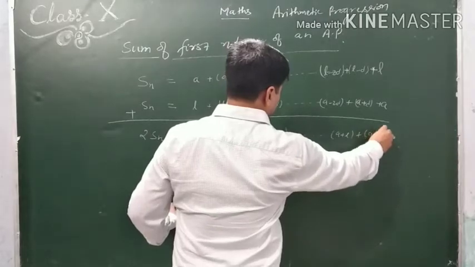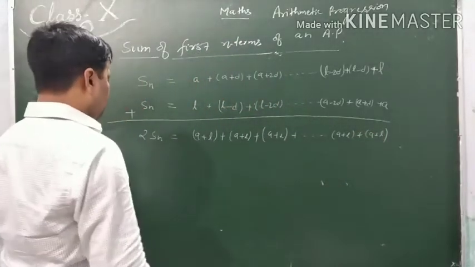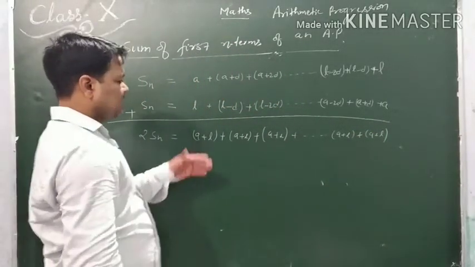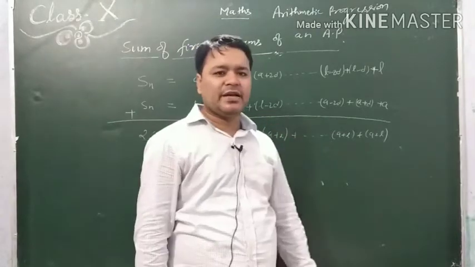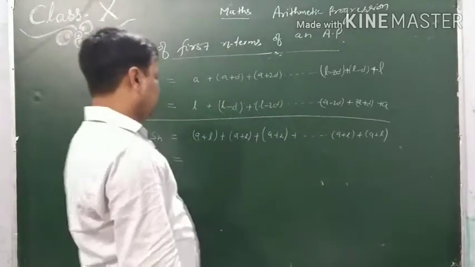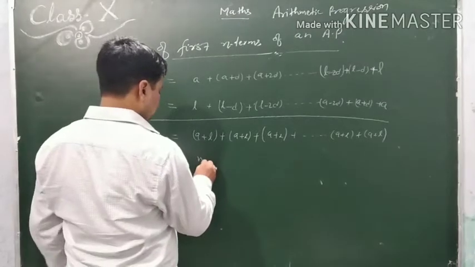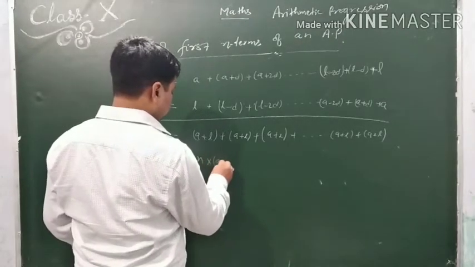Then here a plus L, a plus L, a plus L. How many times? n. Then it will be n into a plus L.